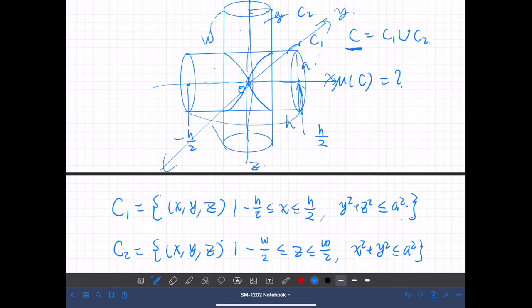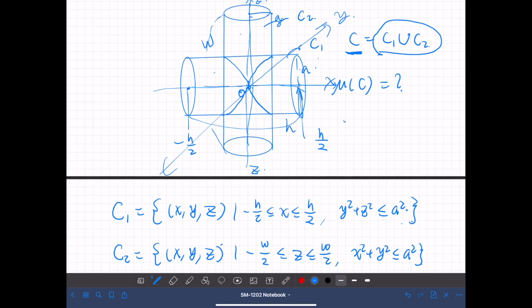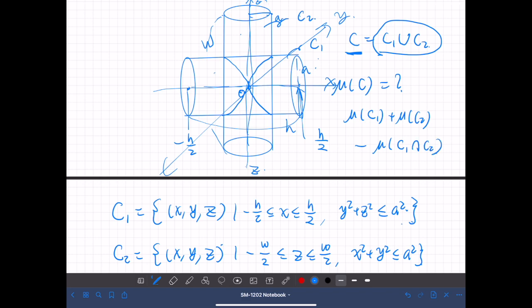Now, to calculate the volume of this, that will be the volume of C1 plus the volume of C2 minus the volume of the intersection of C1 and C2.